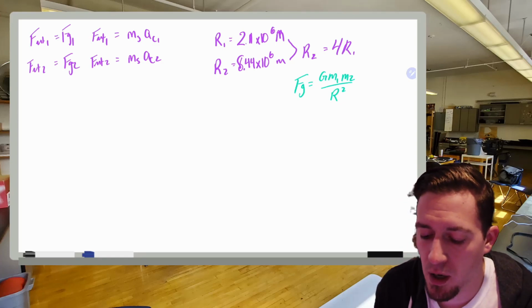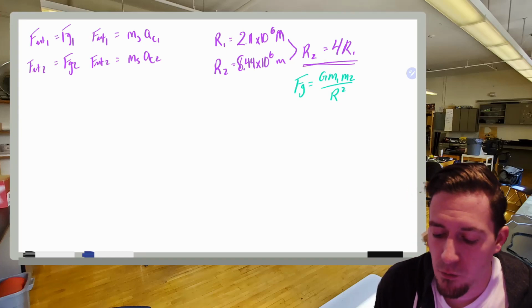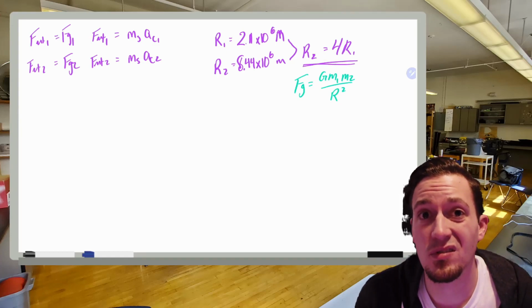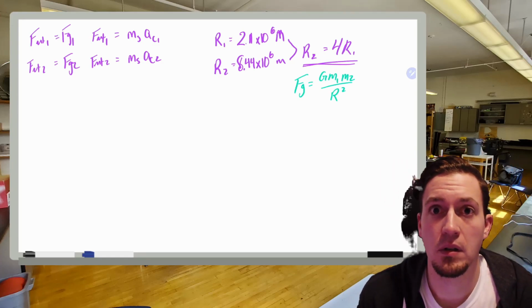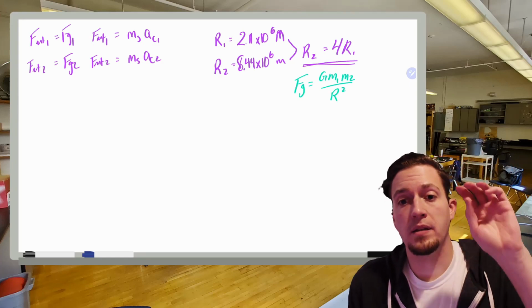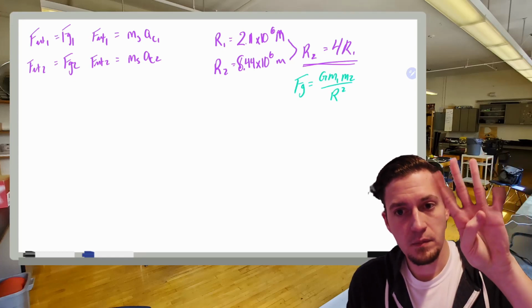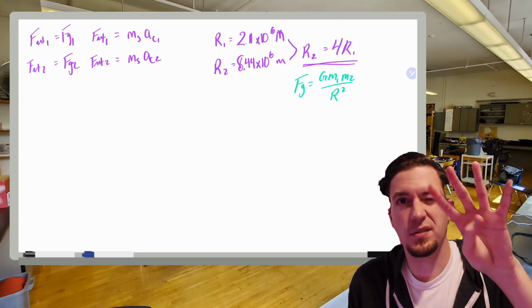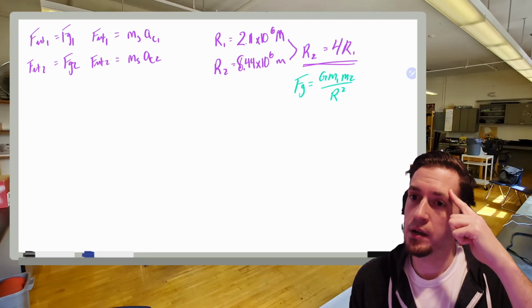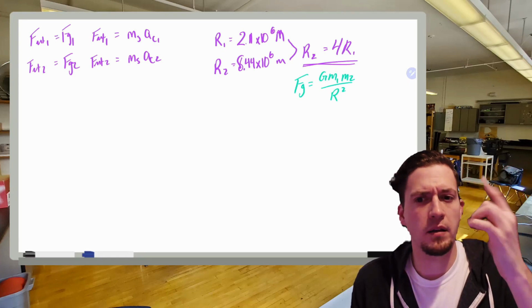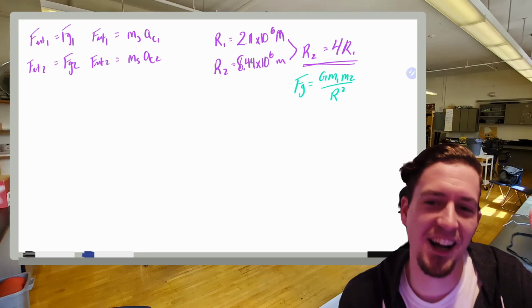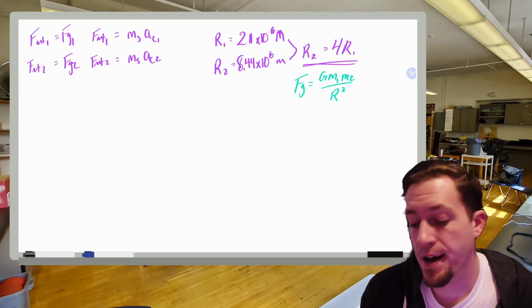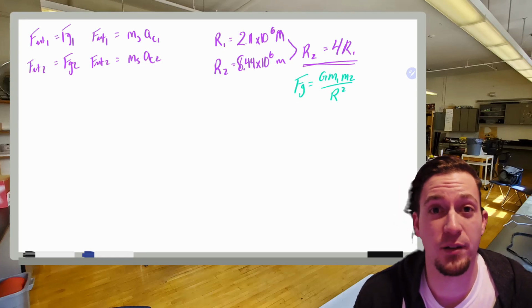So if we look at what's going on here, we have 4 times the radius. So 4 squared is 16, and invert that is 1/16.